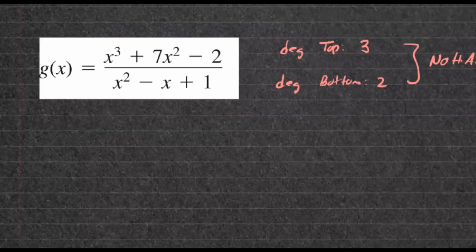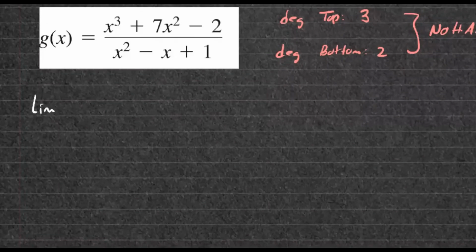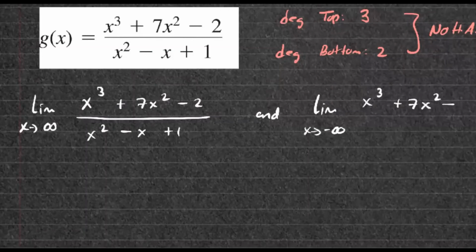So here you want to separate the limit into 2 different limits. You take the limit as x approaches infinity of (x cubed plus 7x squared minus 2) over (x squared minus x plus 1), and you take the limit as x approaches negative infinity of (x cubed plus 7x squared minus 2) over (x squared minus x plus 1).